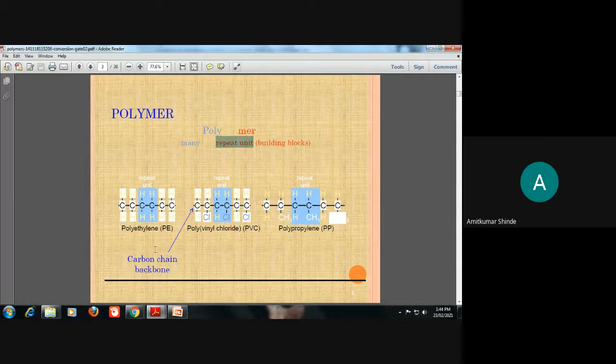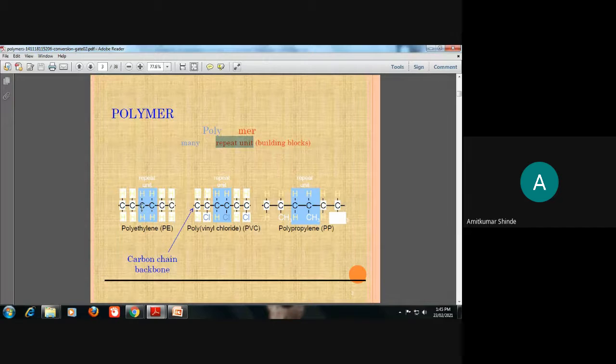For example, here I have two, three examples they have shown here with their structure. The first example from your left side is polyethylene. At the center with blue shade, they have highlighted the repeating unit.